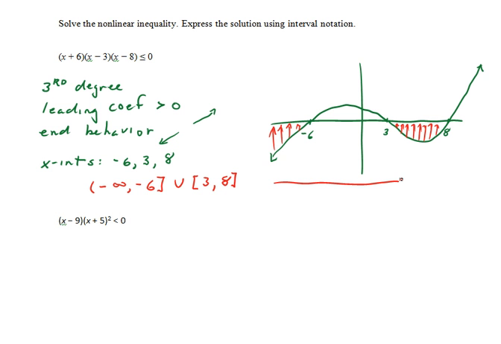On a number line, this is negative 6, 3, and 8. It would be negative 6 shaded circle, and to the left, closed circles at both the 3 and the 8, and a segment between them.